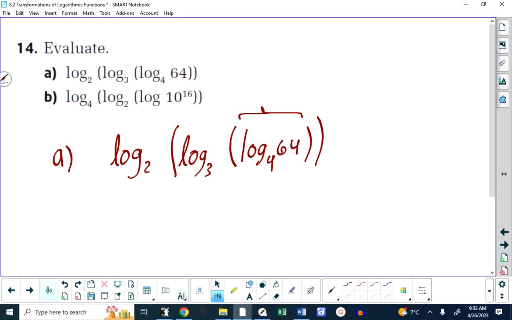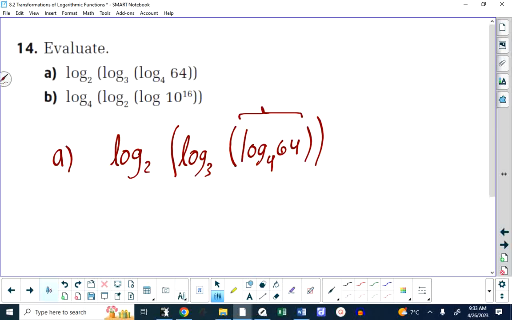And even though we just started this yesterday, everybody needs to be at this point now. This is saying, to what do you raise 4 to get 64? If log base 4 of 64 is confusing to you and you don't even have any idea what it means, then you need to go back and review yesterday's lesson. Log base 4 of 64 means the exponent to which you raise 4 to get 64.